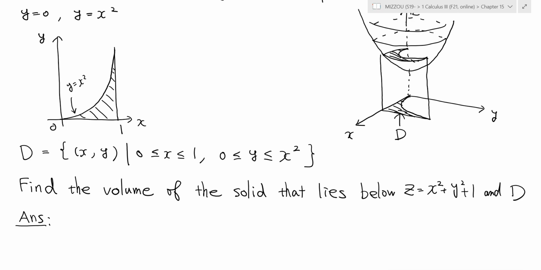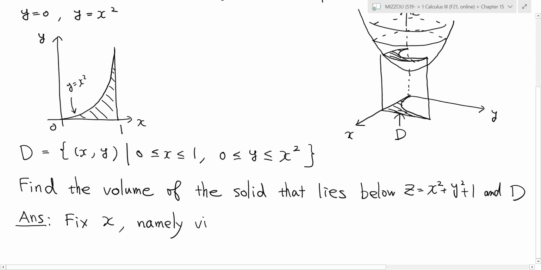Then, for example, in this case, let's fix x first. Fix x, meaning that we consider x as a constant. We view x as a constant, and we consider only y as a variable, and vary y.